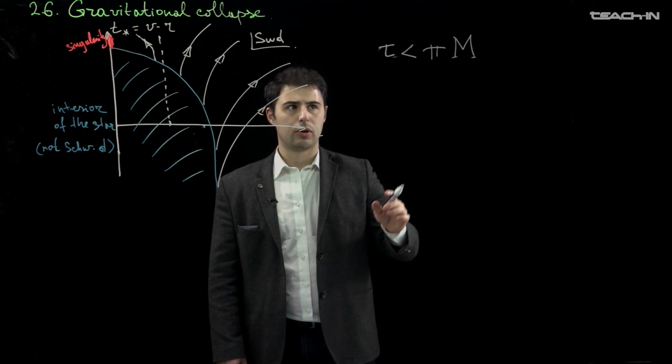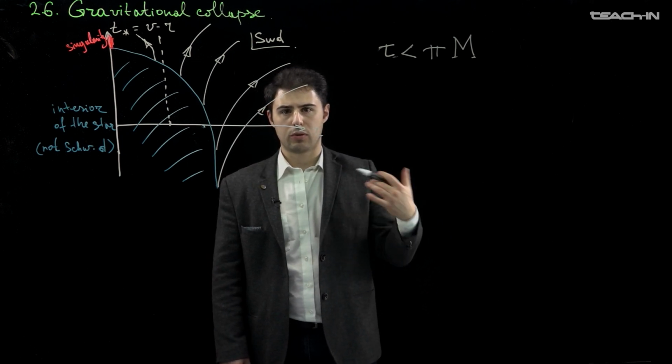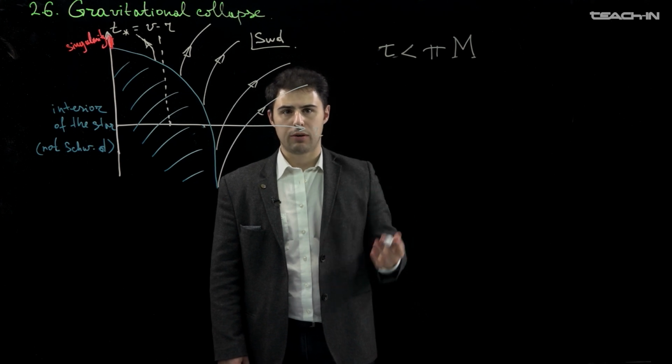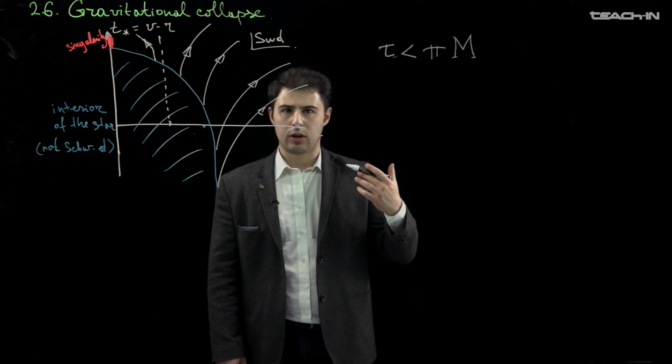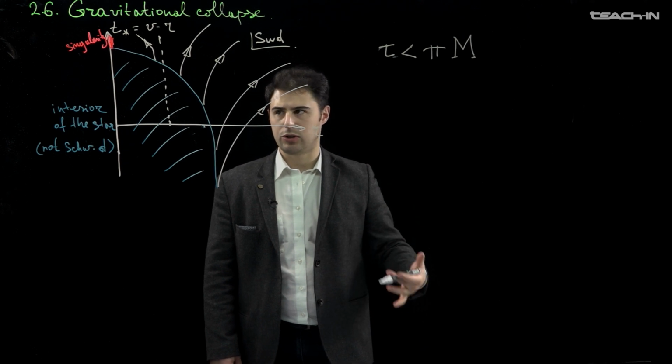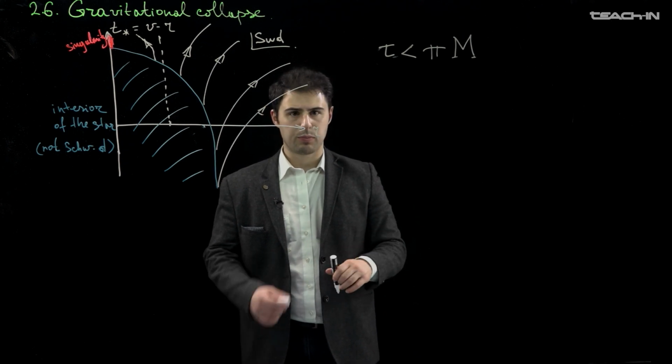The equality happens only for the affine parameter along an outgoing radial null geodesic which starts at the horizon.